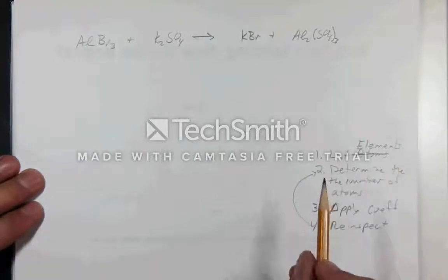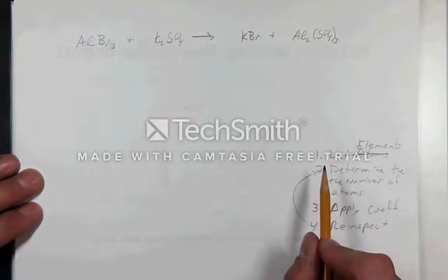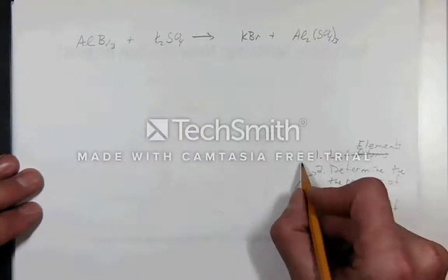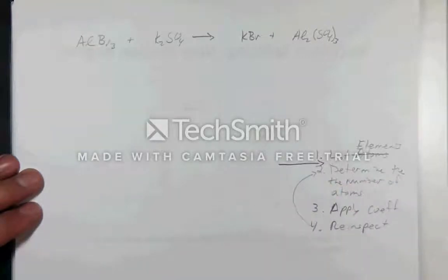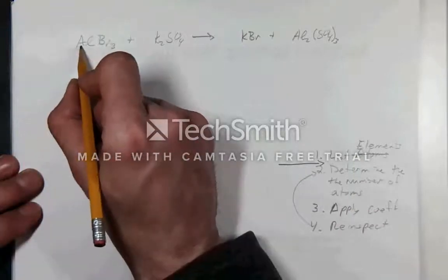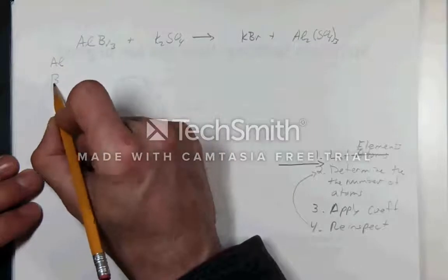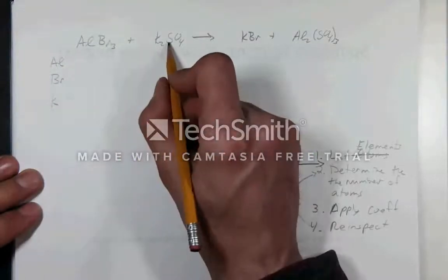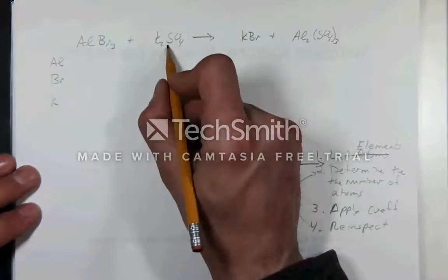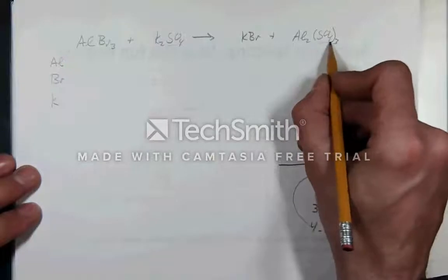So, number 1, list the elements. Now, we haven't seen this before, but there's a little hint here underneath listing elements. We have aluminum and bromine. Potassium. We have sulfur and oxygen, but if you notice, the sulfate ion here is exactly the same as the sulfate ion here.